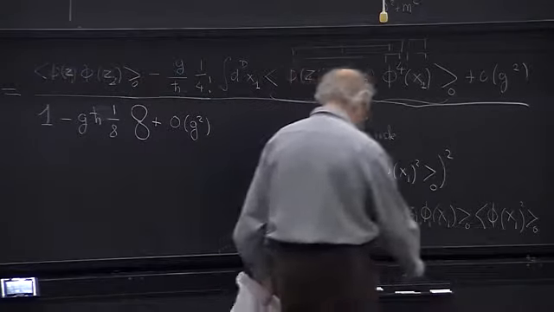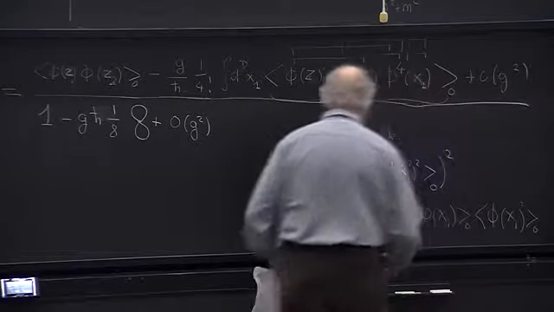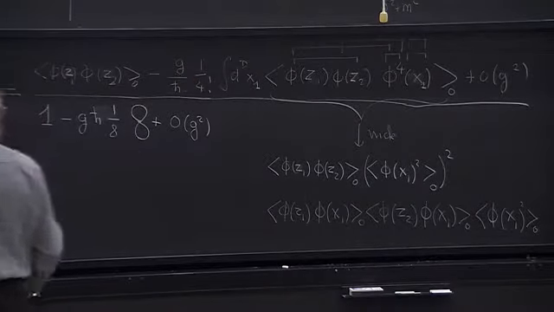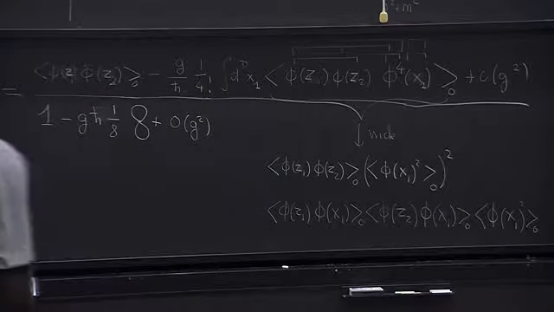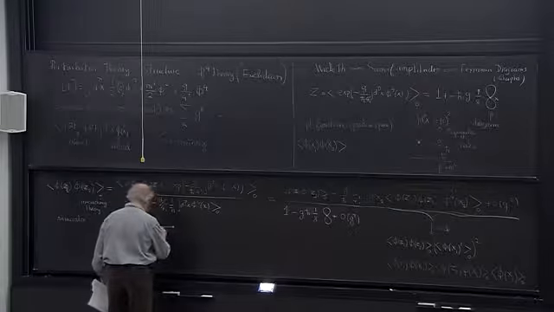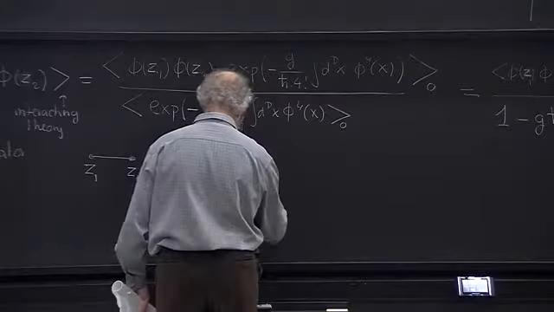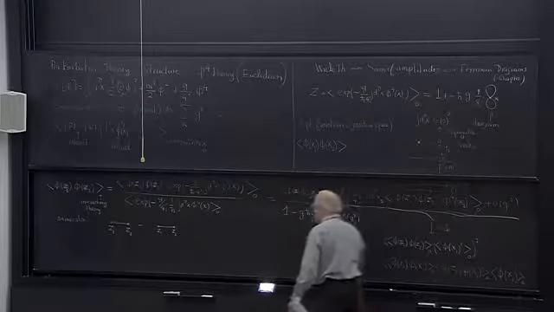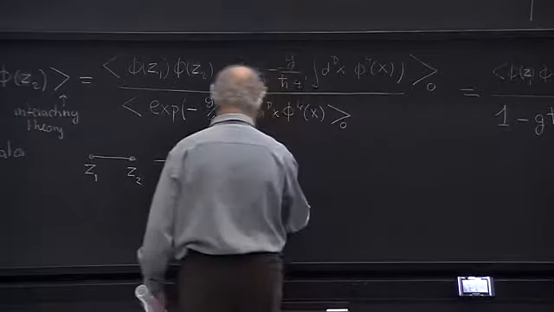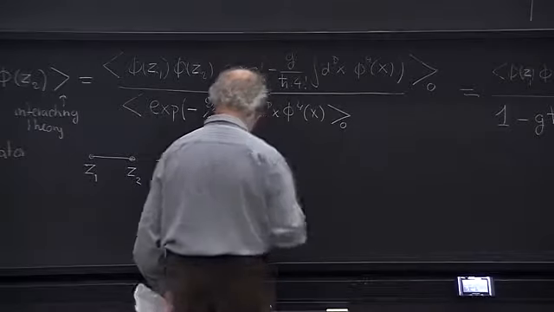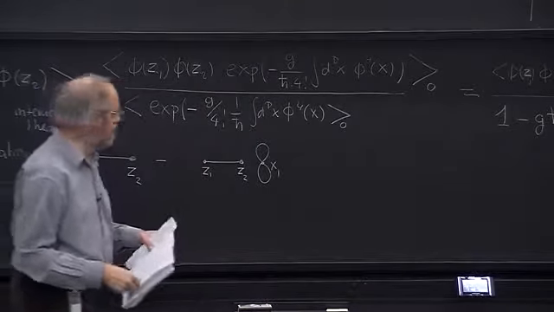Okay? So, writing this in terms of Feynman diagrams, this is just a Feynman diagram where you have the two external vertices connected by a propagator, and the internal vertex connected to itself.